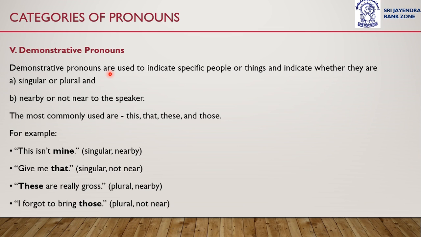These are really gross. These is used for plural forms, and usually represents the things which are nearby to the speaker. Another example is, I forgot to bring those. So those is also used for plural, but for those objects which are away from the speaker.